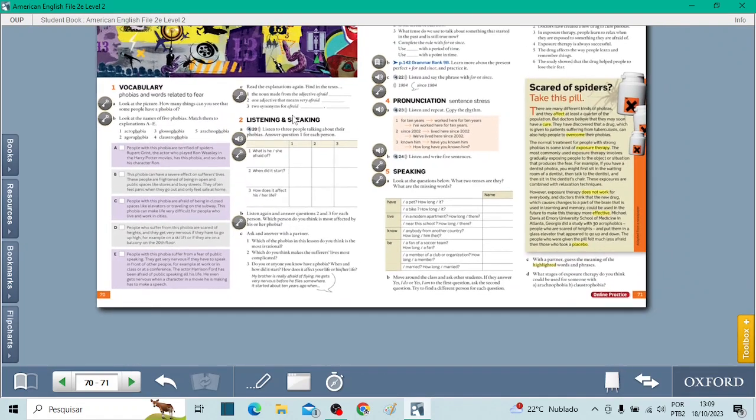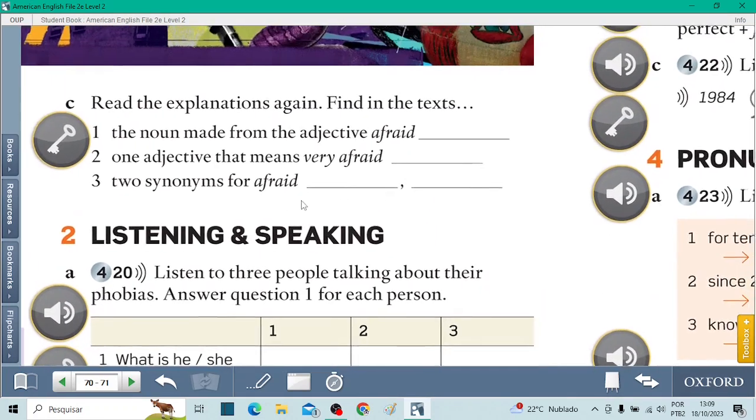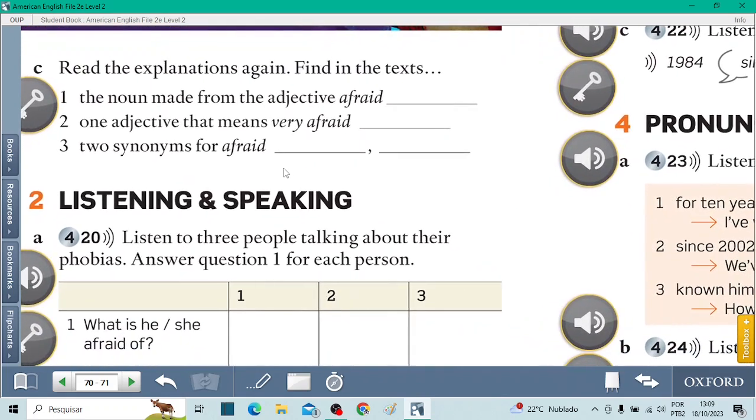Excellent, okay? So now you are going to activity C. Read the explanations again, finding in the text: in 1, the noun made from the adjective afraid; 2, an adjective that means very afraid; and in 3, two synonyms for afraid.